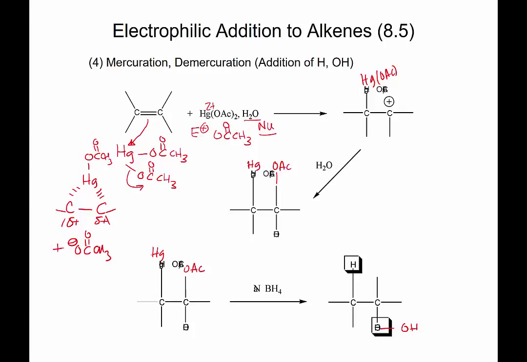Now I have a triangular intermediate, which is going to set the stereochemistry. What was the triangular intermediate stereochemistry yesterday with bromine? Trans. You have to go from the opposite side. Right. So anytime you have a triangular intermediate, the electrophile will add to the top, and the nucleophile has to add underneath. The same thing's true here.